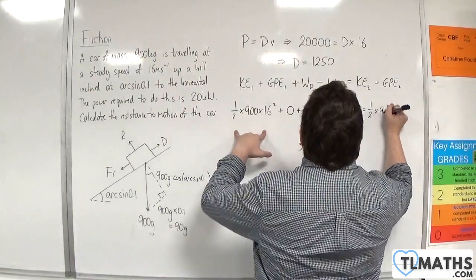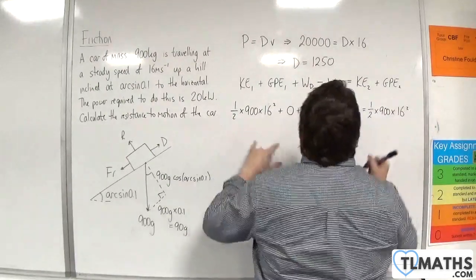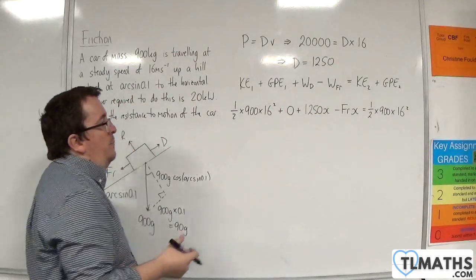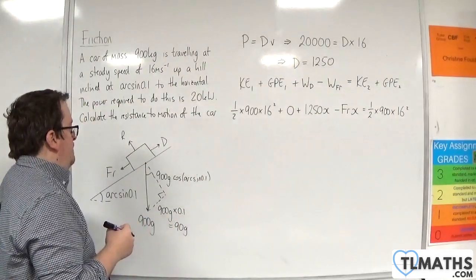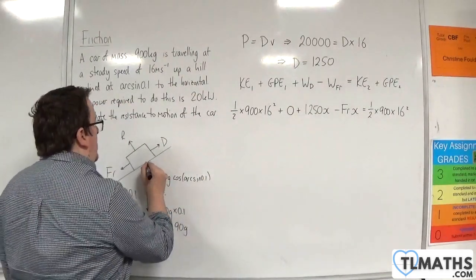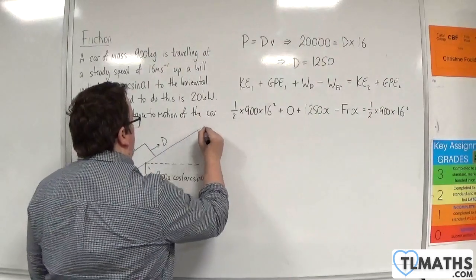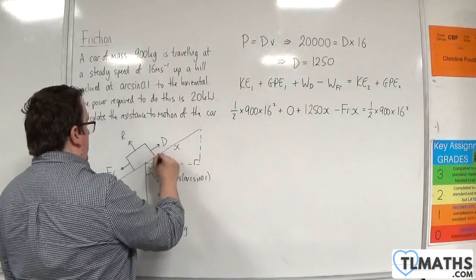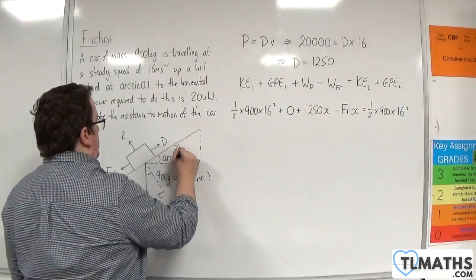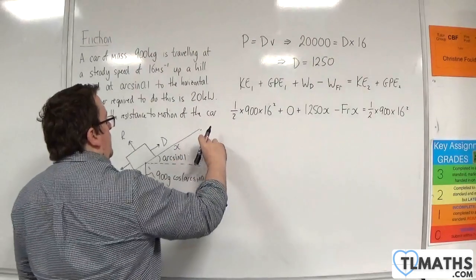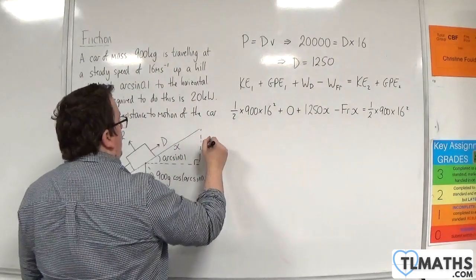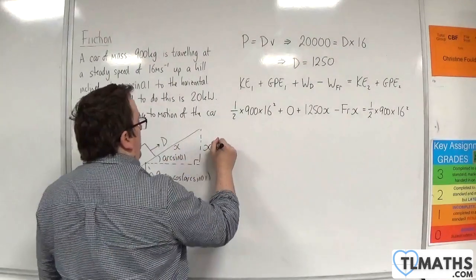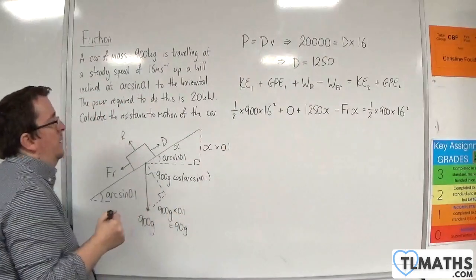So that's 1/2 times 900 times 16 squared. I've run out of space. Plus the gravitational potential energy at that point, so that's mgh. Now, thinking about this as a distance that it has travelled, if that distance is x, and this angle is arcsine of 0.1, then this height will be x times sine of arcsine 0.1, so just times by 0.1.